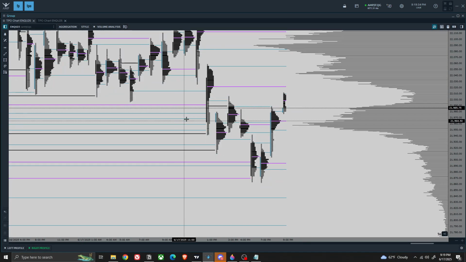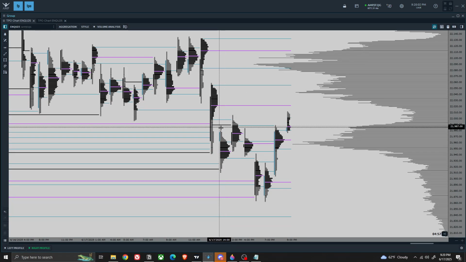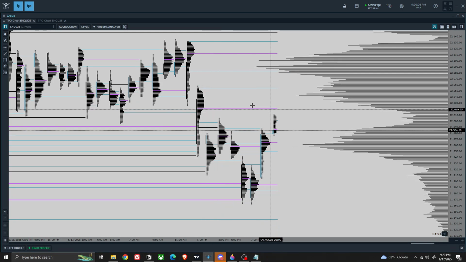As for the actual lines that you see, there's going to be three lines: the value area, the high and the low of it, the point of control, and single prints. The easiest one to explain is the point of control. This is where the volume was the highest. If you were to look at a volume profile here, the point of control would be here in this high volume node because that's where the volume was the highest.